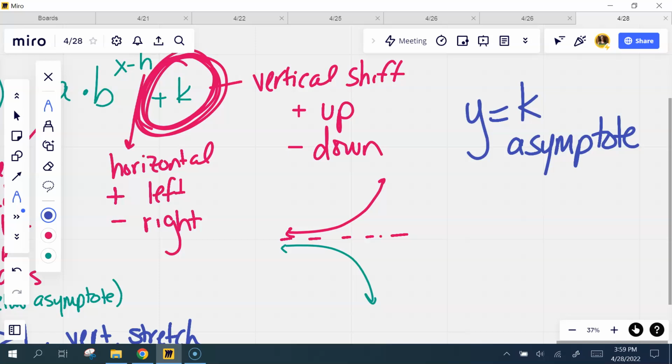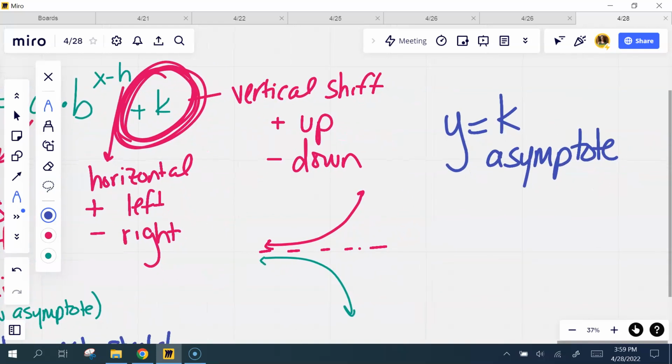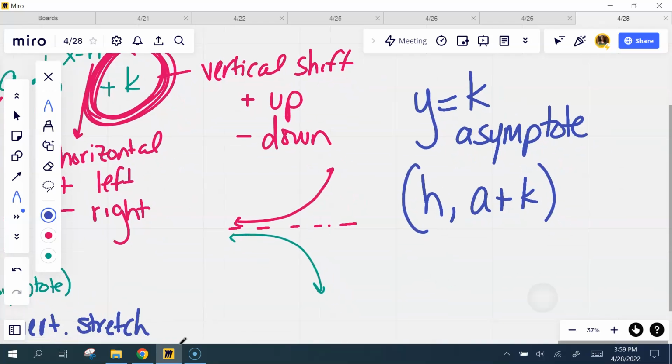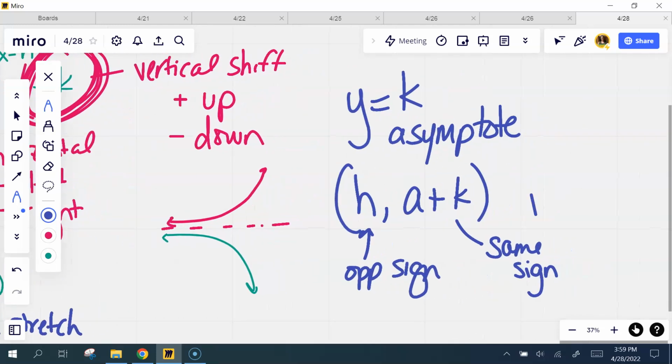And then there's a point that's always on your graph that's an easy point for you to use where you don't have to plug in quite so much. And I always tell students to remember h, a plus k, and it'll help you with your transformations, okay? So this is opposite signs, and this will make more sense in just a minute. This is same sign. But h, a plus k is always a point on your graph. It's one you don't have to plug into a t-chart to find or anything of the sort. It just always is there on your graph.